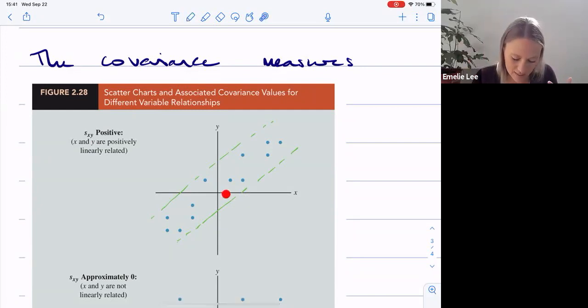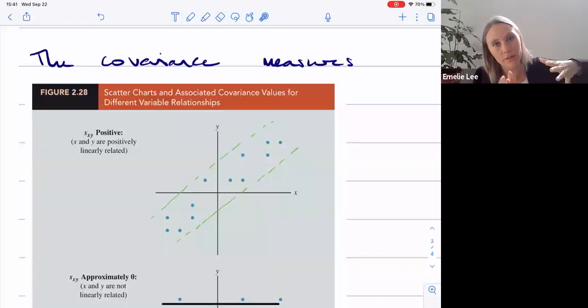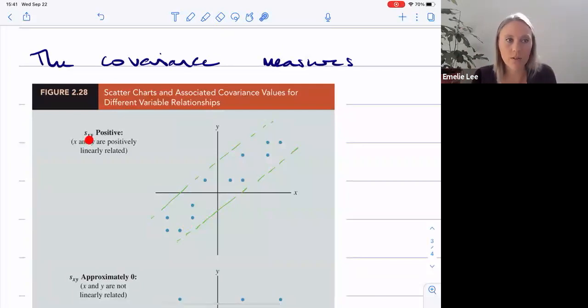As X is increasing, our Y's are also increasing, right? And then if we move in the negative direction, as X is decreasing, then our Y's are also decreasing. So in general, we say we have a positive relationship. And what we see then is that the covariance is also positive.